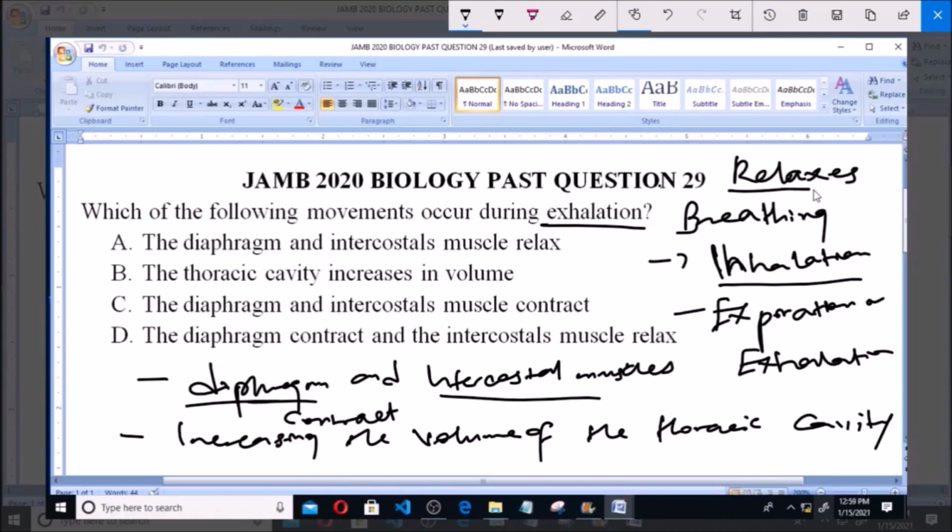As they relax, the thoracic cavity returns to its original shape, and as a result, air is forced out of the lungs into the surrounding. So during exhalation, the diaphragm and intercostal muscles relax, but during inhalation they contract and the thoracic cavity increases in volume. During exhalation, the thoracic cavity decreases in volume due to the action of the diaphragm and intercostal muscles as they relax. So the answer to the question is option A, the diaphragm and intercostal muscle relax.